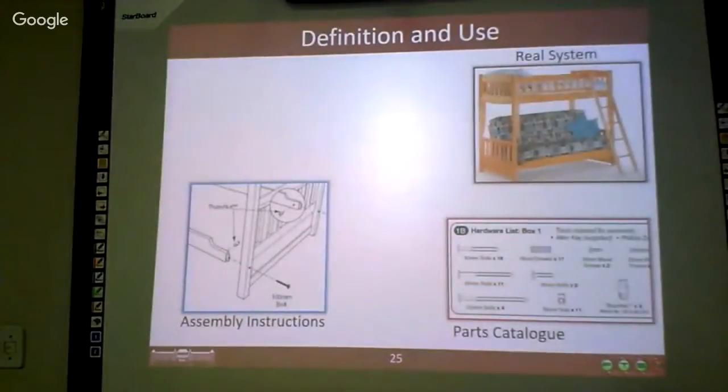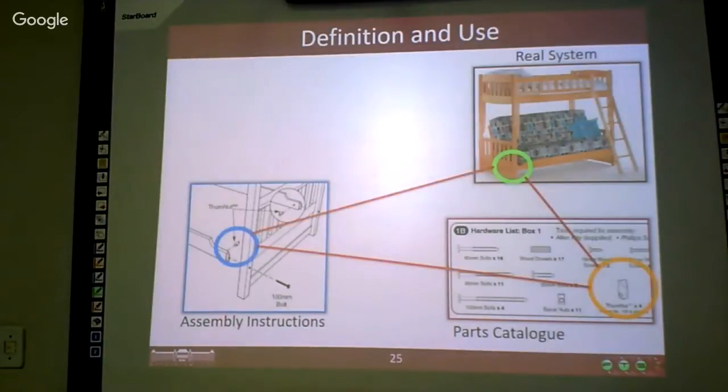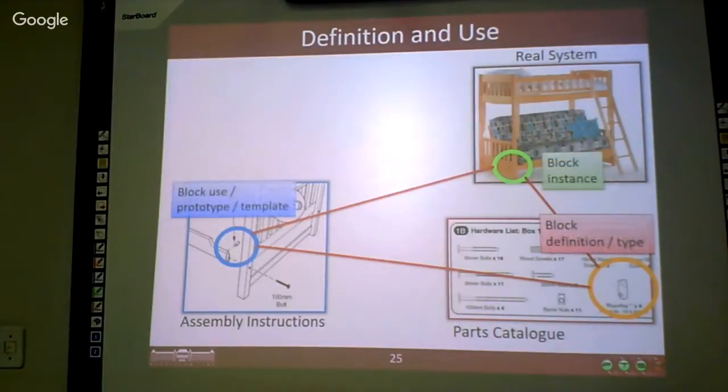So we have the parts catalog, we have the assembly instructions, and we want to reach the real system. We use the same elements that are defined in the parts catalog in the assembly instructions, and then we reach the real system.